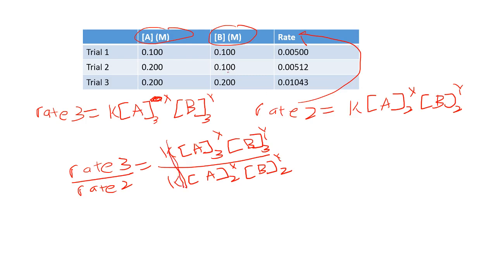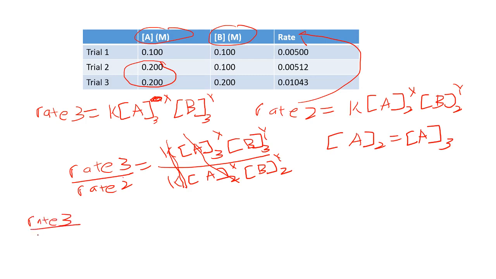The next thing we should note, if we go up here, A2 equals A3. Since these are identical to each other, they can cancel each other out because this would just be 0.2 to the X over 0.2 to the X. So these are going to cancel as well. Remember, that just means they go to 1, but B3 and B2 are different, so we can't cancel those out. So now we have rate 3 over rate 2.